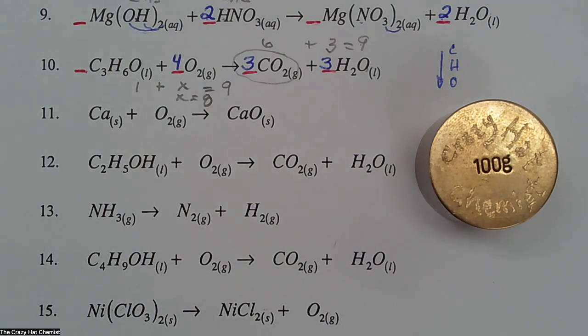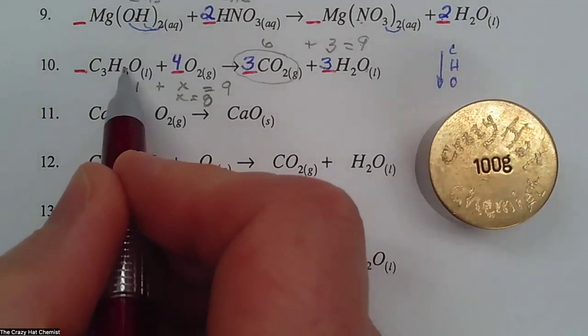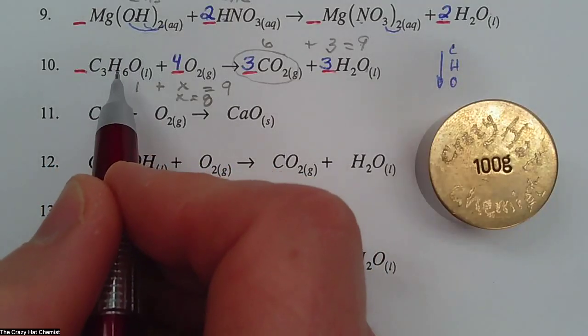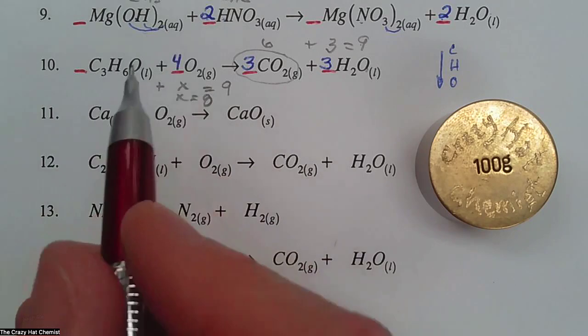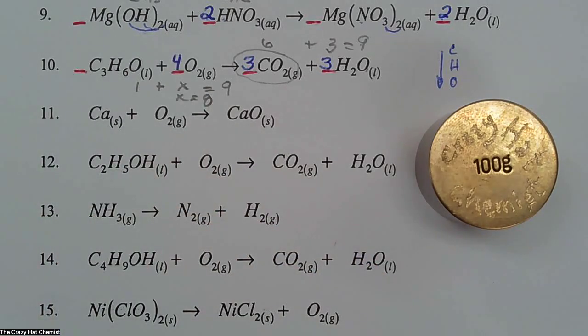You probably need to watch that one again just to make sure and see how that went. When we have an oxygen in this other formula, unlike on problem number 2, we do need to account for that. All right, we'll have another example of that here in just a bit.